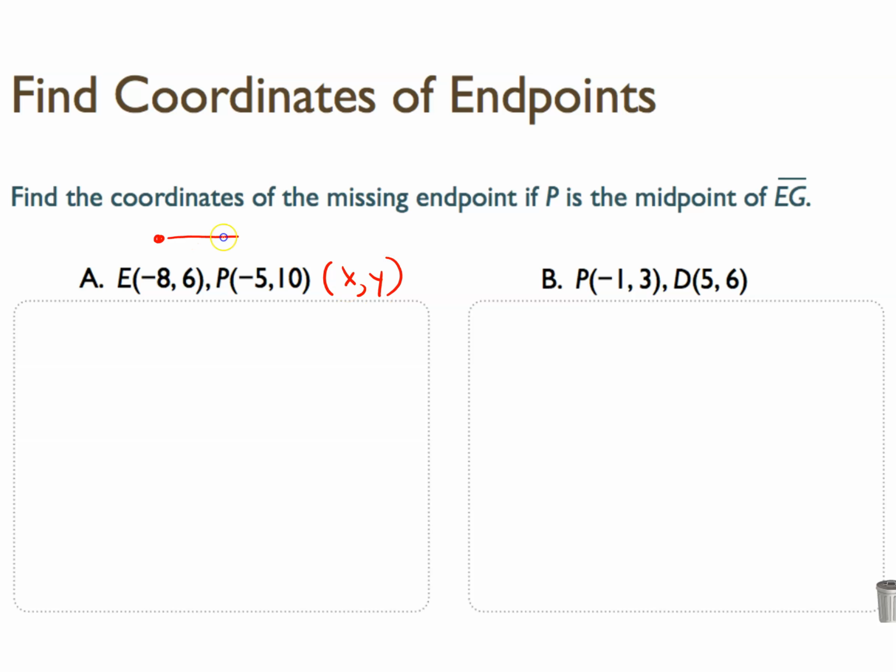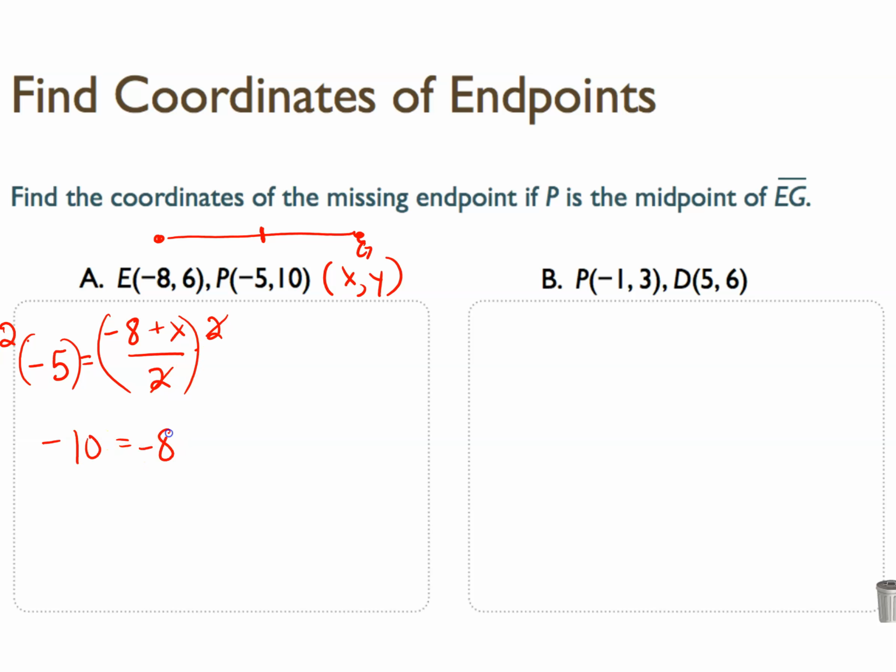So we have E to G and a midpoint at P. All right, so the middle equals the ends divided by 2. To solve this, I've got to multiply both sides by 2. The 2's cancel out on this side, which is why I did that, so I get rid of the fraction. And then I solve this using algebra.